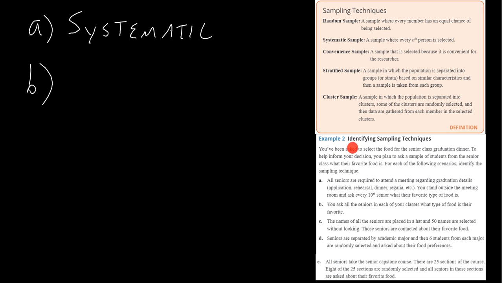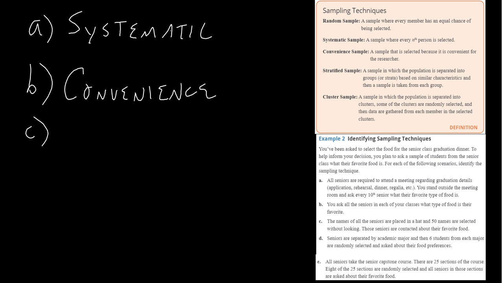So if I've been asked to select the food, and then I'm asking all the seniors what their favorite type of food is, this is going to be an example of a convenience sample, because that is a sample that I selected because it is convenient for the researcher. I'm researching the favorite food, therefore I ask them. So it's going to be a convenience sample.